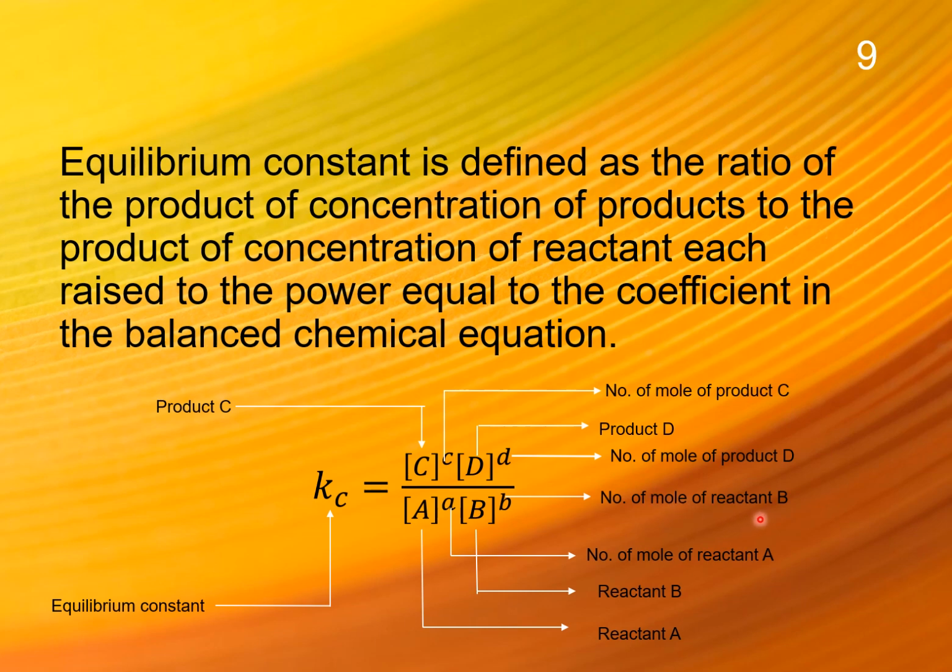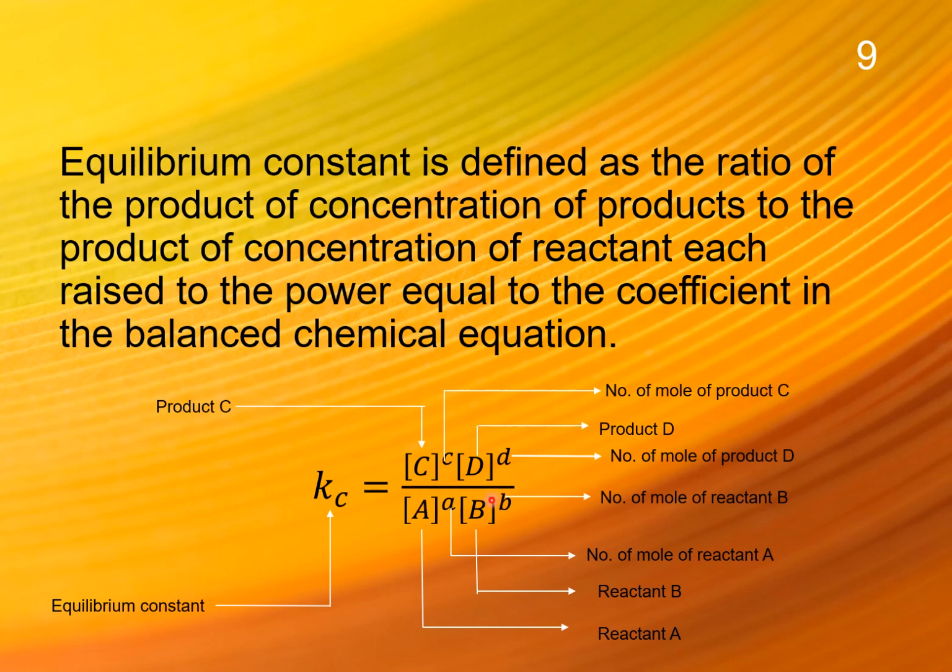Now the definition of the equilibrium constant. The equilibrium constant is defined as the ratio of the product of the concentrations of the products to the product of the concentrations of the reactants, each raised to the power equal to the coefficient in the balanced chemical equation. Look here. This division line indicates it is the ratio between these two values.